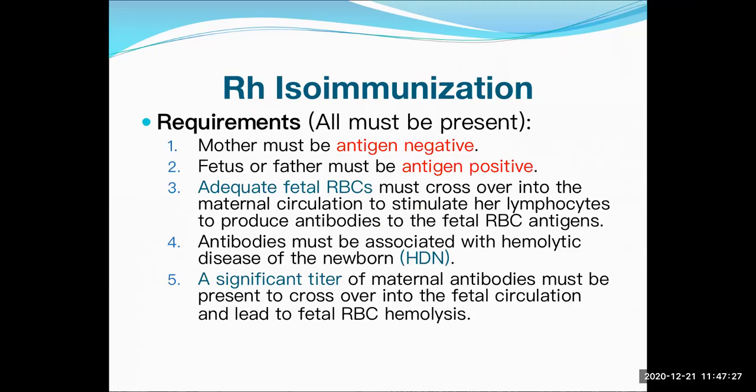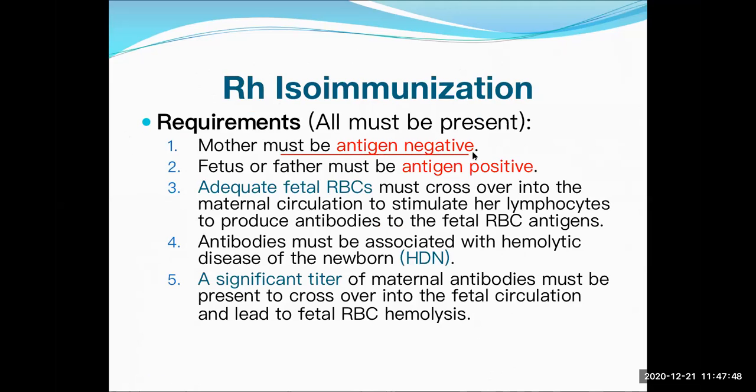Now, for Rh isoimmunization to occur, there are certain requirements. So what are these requirements? Now see this. All must be present for this condition to happen. So these are: the mother must be antigen negative.